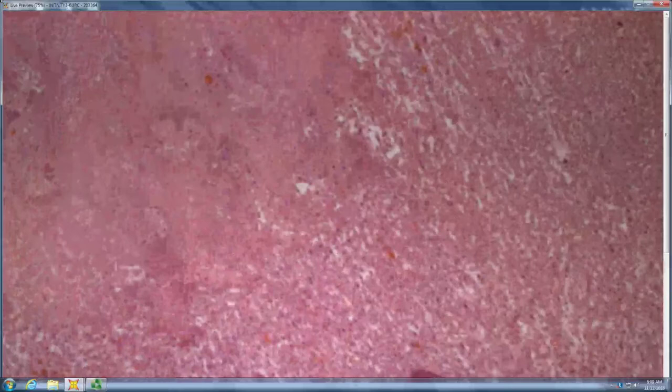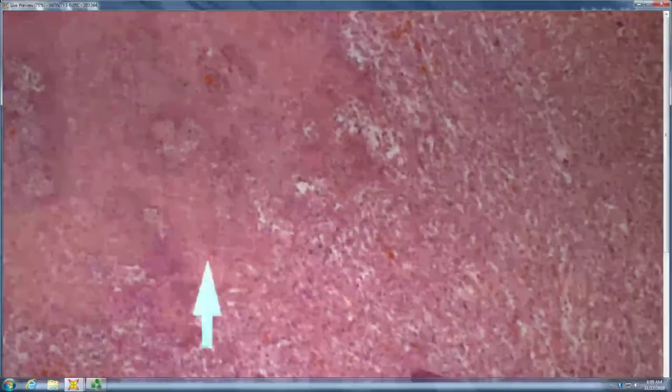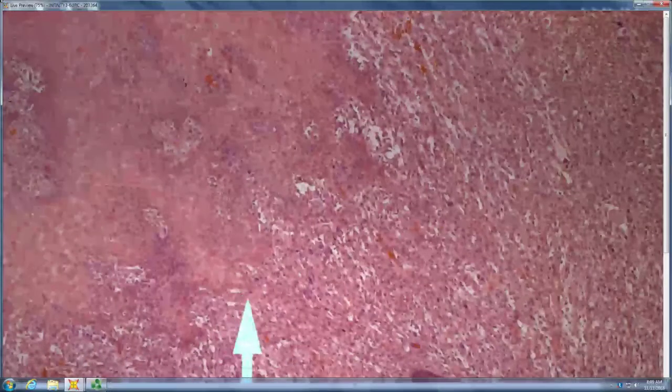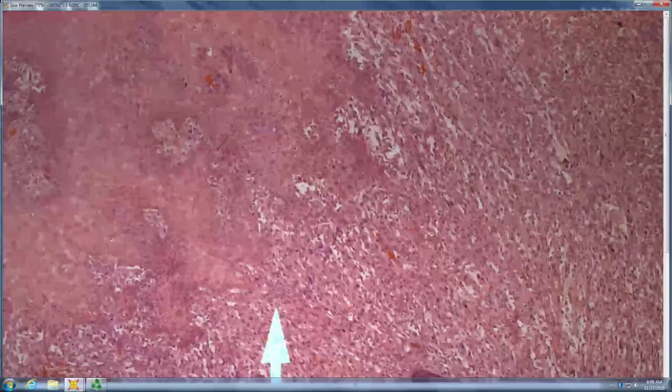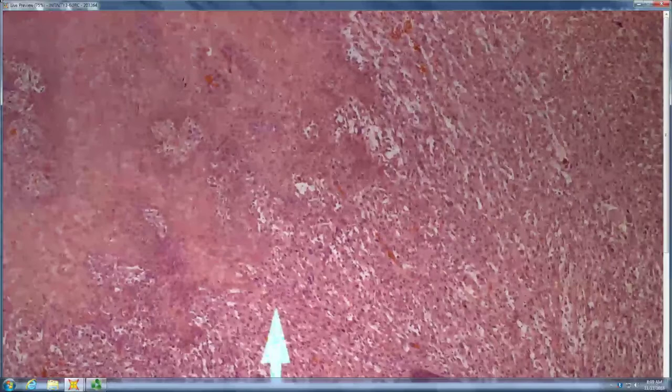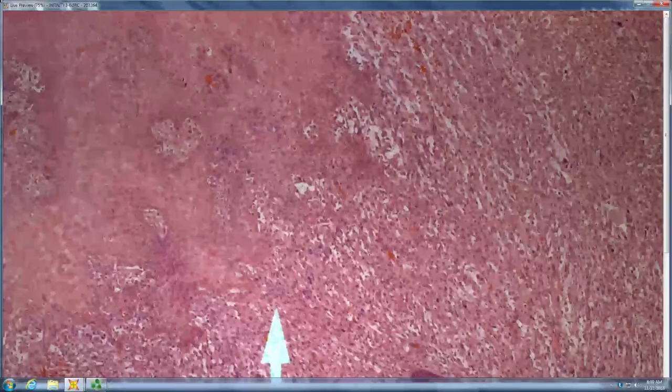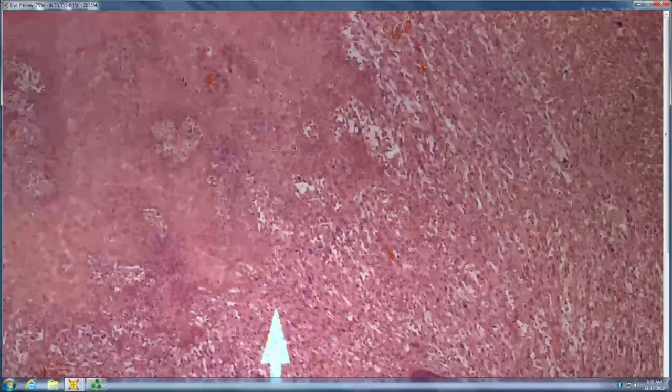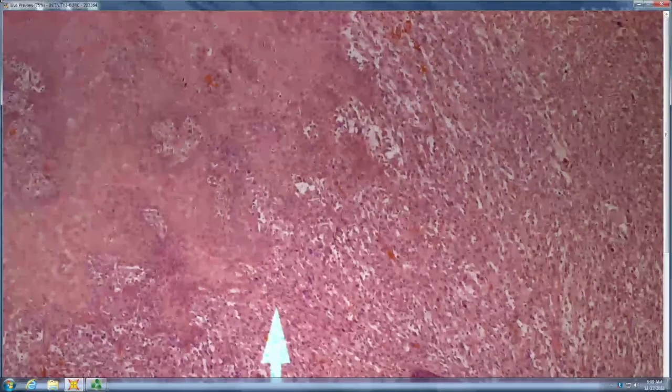Spindled. Spindled. And tell me about their relationship with the epidermis. They're kind of like coming out of it or slamming up against it. So they're slammed up against the epidermis. Give me a differential for this atypical spindle cell proliferation slammed against the epidermis. SCC, leiomyosarcoma, sarcoma, AFX, and melanoma.